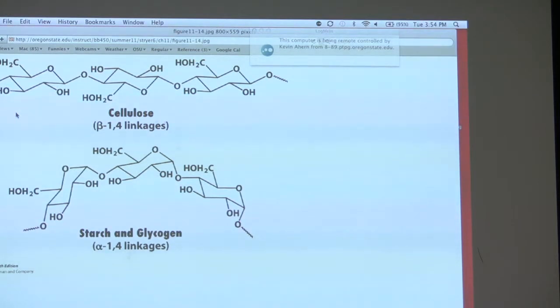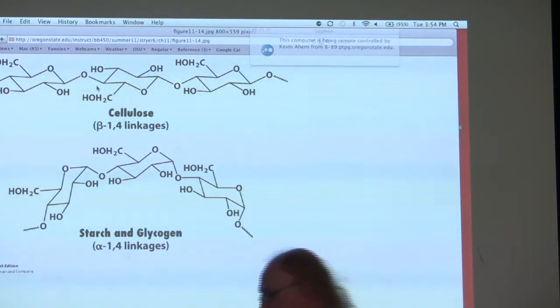Okay? Cellulose is a polymer of glucose, meaning it contains only glucose. This polymer of glucose is a series of glucoses linked in beta 1,4 linkages. All right?